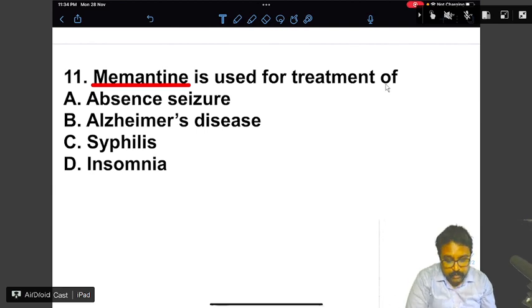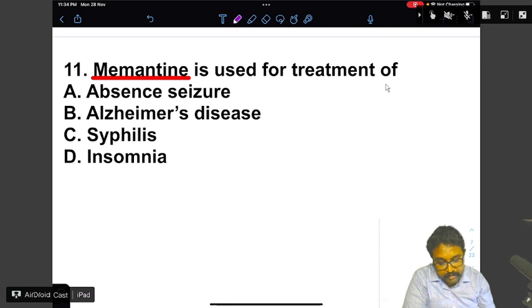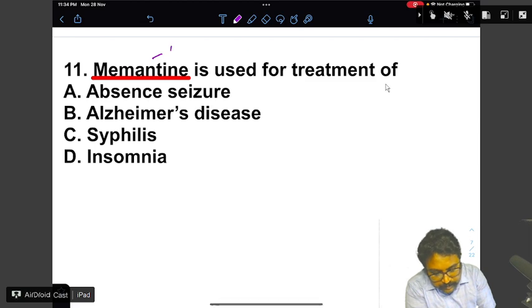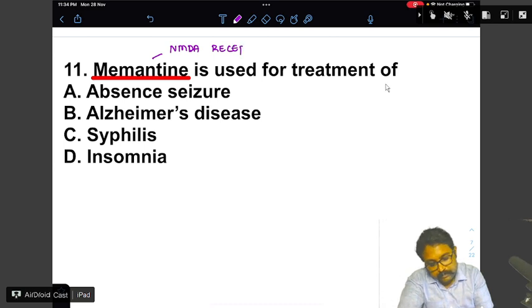Let us continue with the 11th question, that is memantine. Memantine is used for the treatment of, please remember, memantine is an NMDA receptor antagonist.